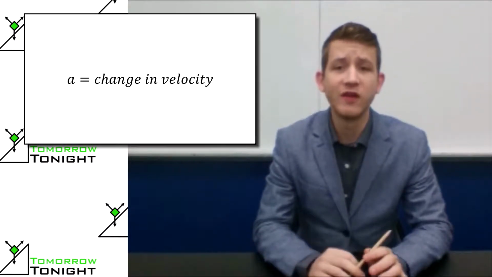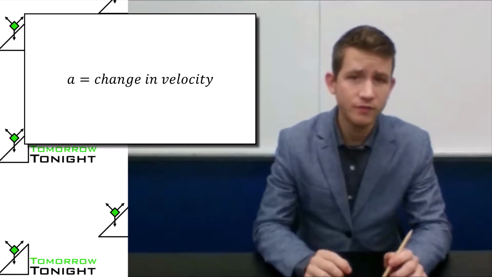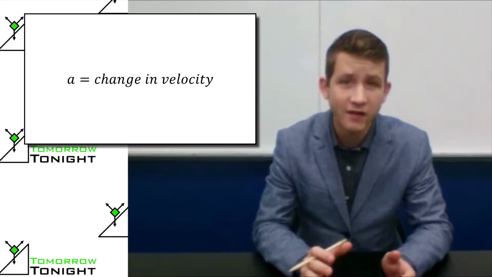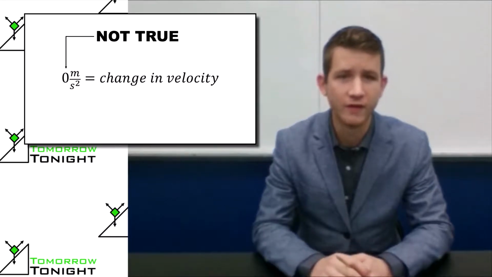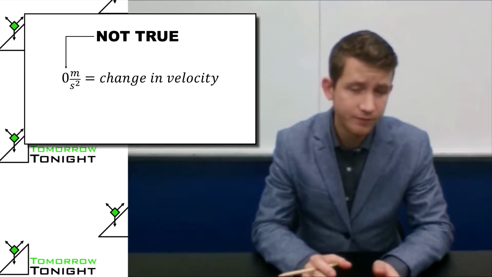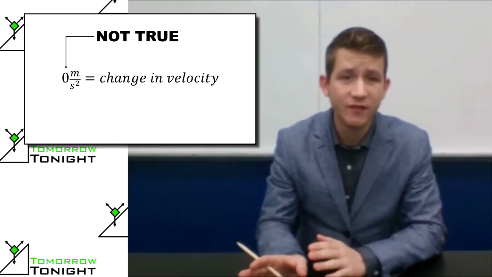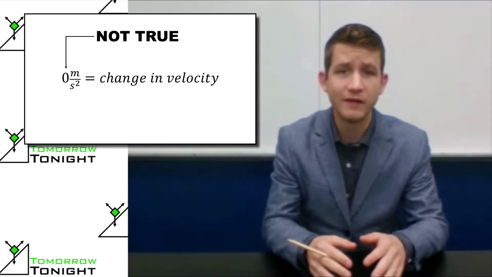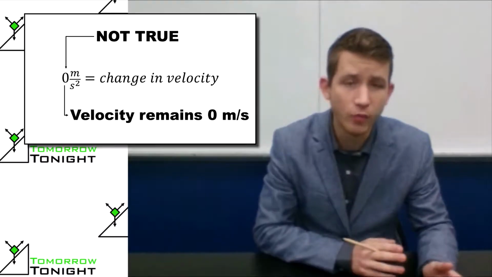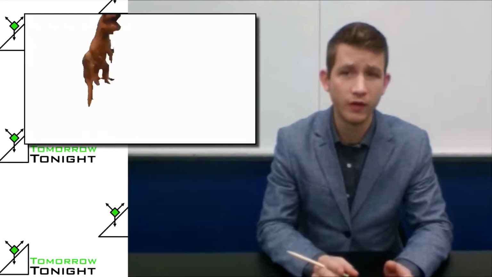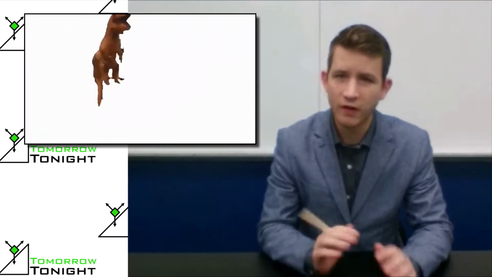Since acceleration is a change in velocity, if somehow the T-Rex's acceleration did become 0 meters per second squared at the apex, then that would mean its velocity isn't changing. And if we just said that the velocity of the T-Rex at the apex is 0 meters per second, then not changing would mean it continues to be 0 meters per second. That would mean the T-Rex is floating. T-Rexes don't float.